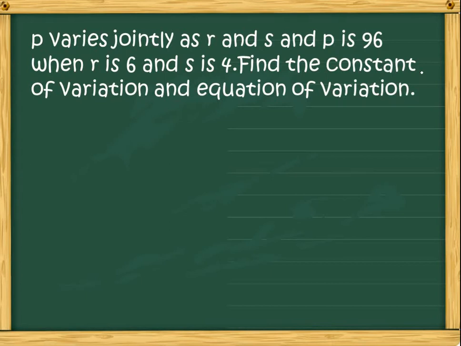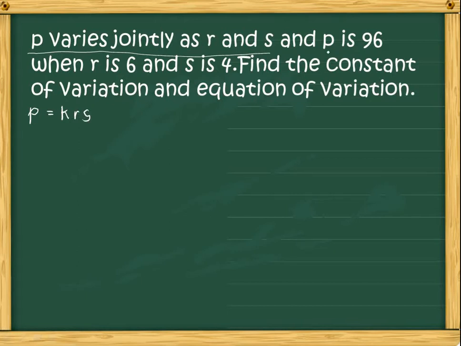Para mahanap natin yan, we need to have an equation. Manggagaling yung equation mula sa first statement natin. P varies jointly as R and S. So, yung unang binanggit na variable is si P, so si P ay i-isolate natin. P is equal to, we have the word jointly. So, you're just multiplying K sa R and sa S.